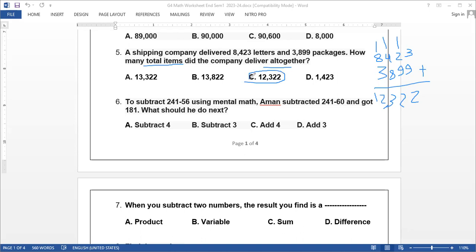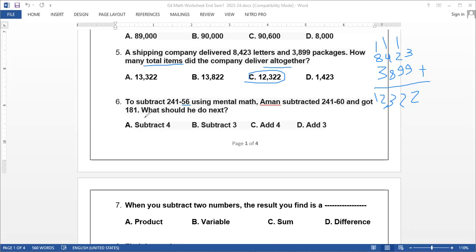To subtract 241 minus 56 using mental math, a man subtracted 241 minus 60 and got 181. What should he do next? Now he subtracted 241. Instead of subtracting 56, he subtracted what? 60 to make it easier.